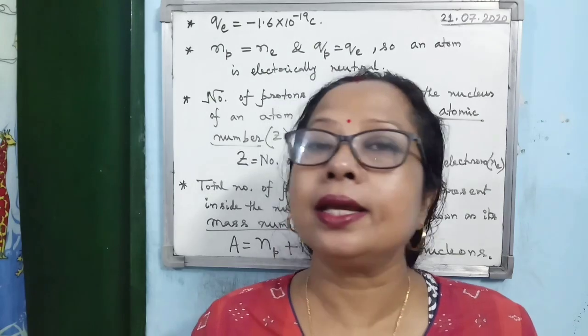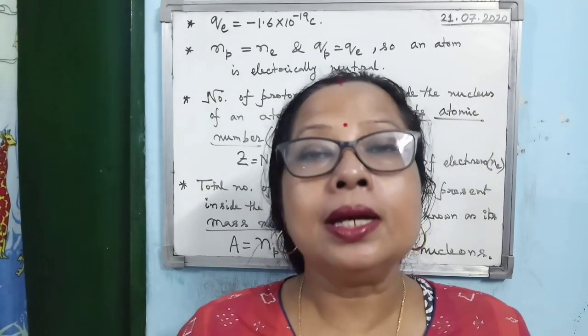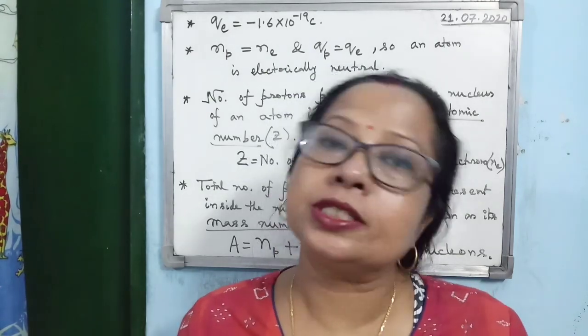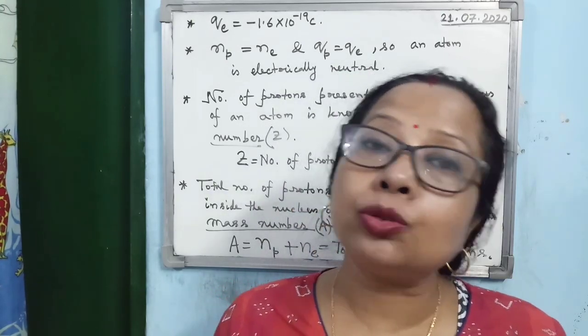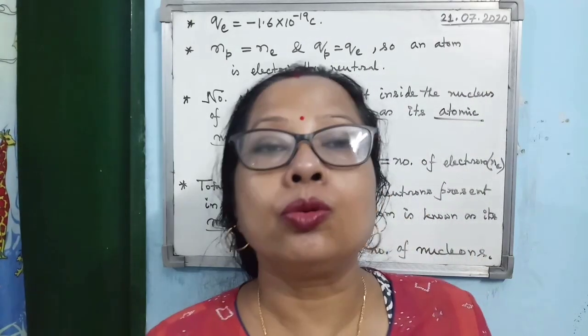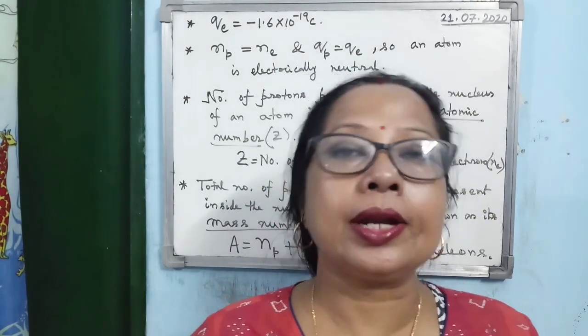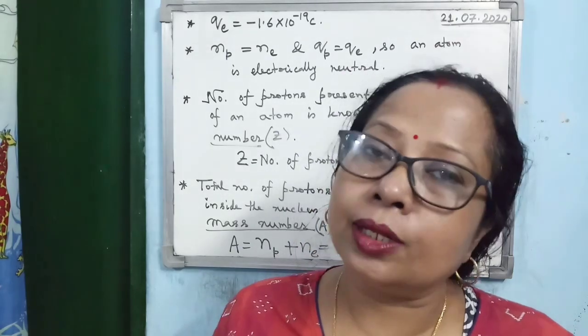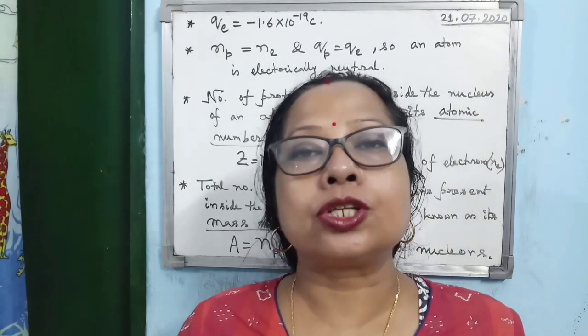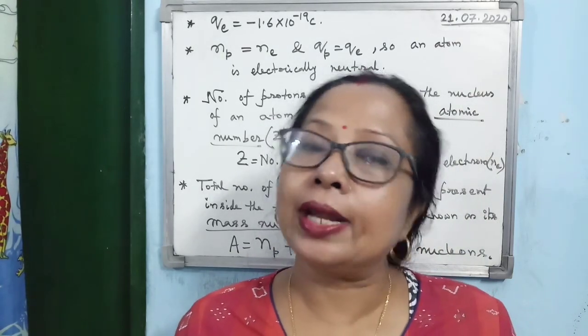So inside the atom, the total positive charge due to protons and the total negative charge due to electrons are equal, so they cancel each other's effect. So the atom as a whole is electrically neutral. That's all about the structure of an atom.